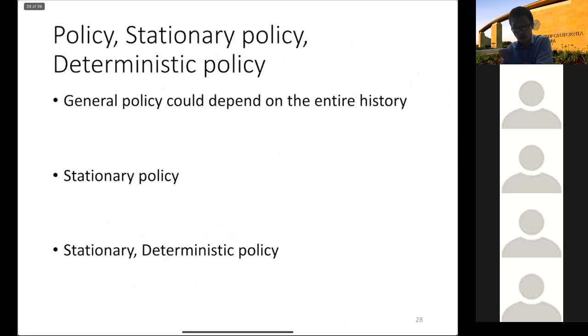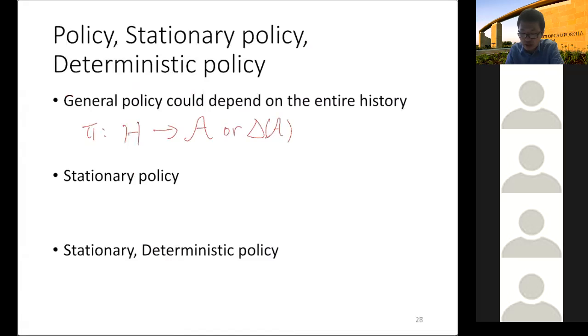We've talked about the general policy, which is defined as a function that maps an arbitrary trajectory of unspecified length to either an action or a probability distribution over actions. So this is fully general. There are two interesting subclasses of policies which seem restrictive, but we'll see that they actually are not.